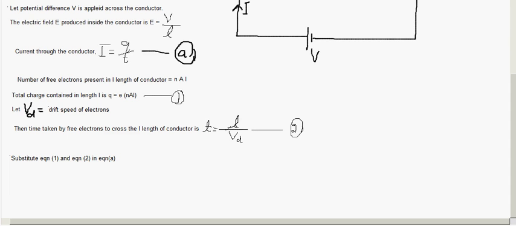So now we will get I equal to Q, which is e into nAL, divided by L by Vd. Now simplify this.